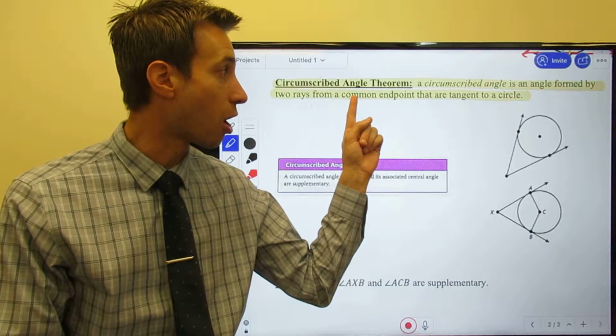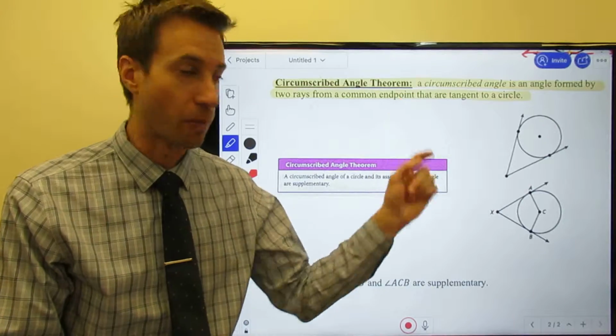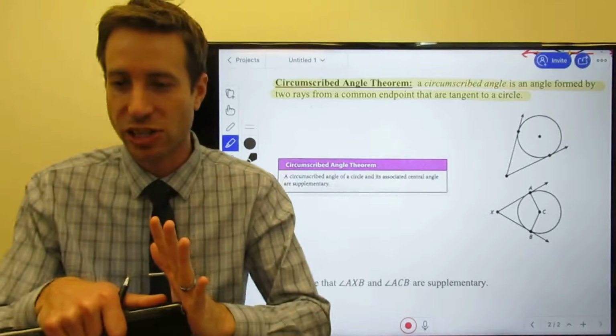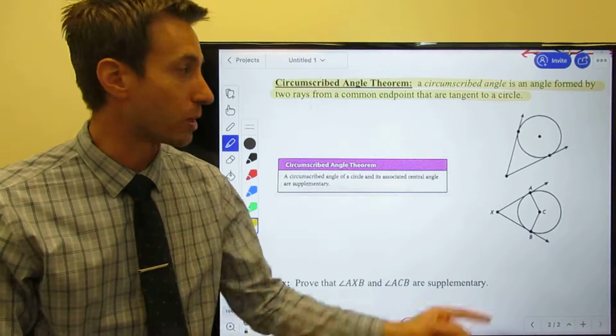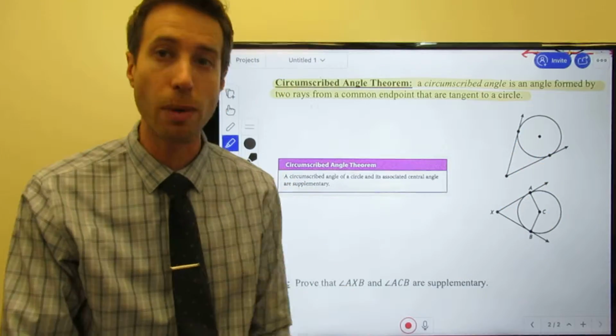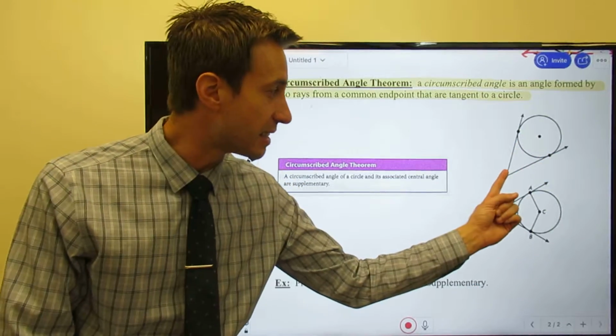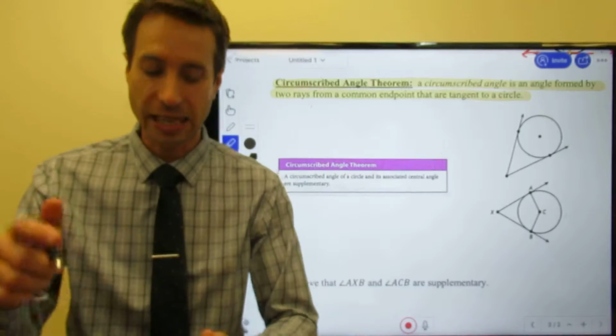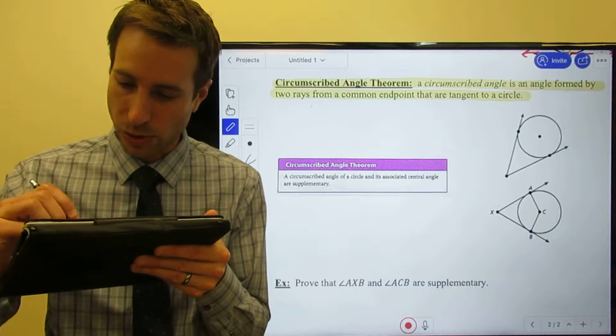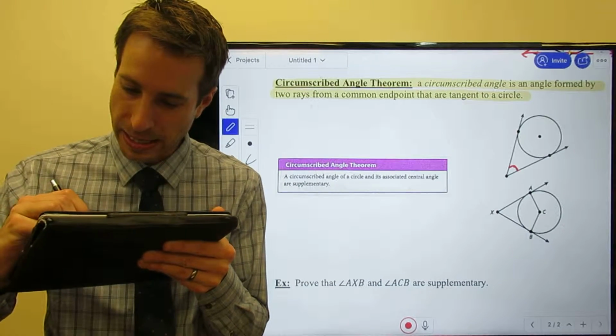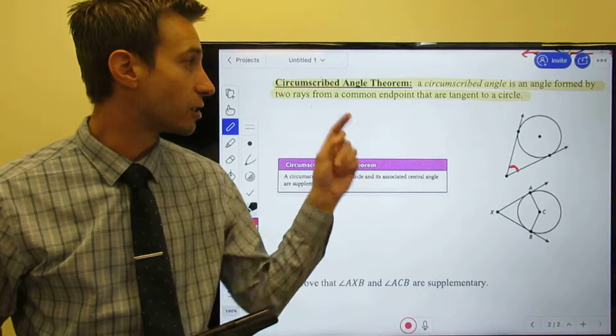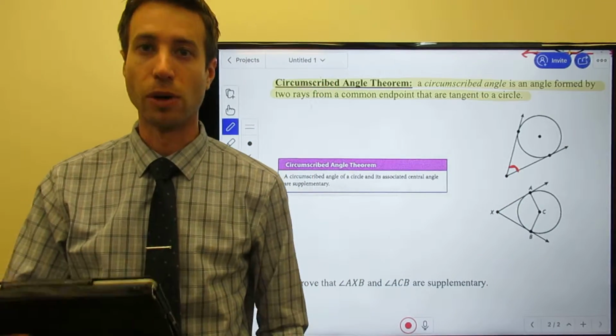So they both have a common end point. So I pick a point, I draw tangent lines from that end point so that they intersect the circle at exactly one point, and what that gives me is this guy right here, a circumscribed angle.